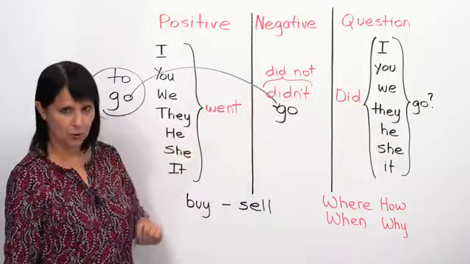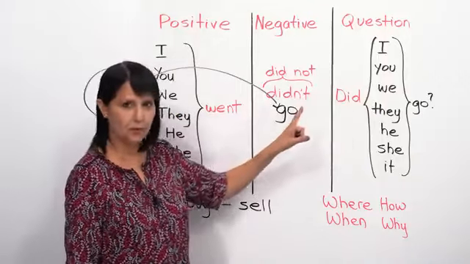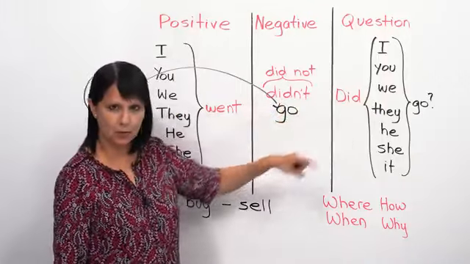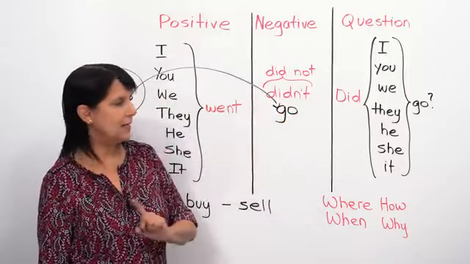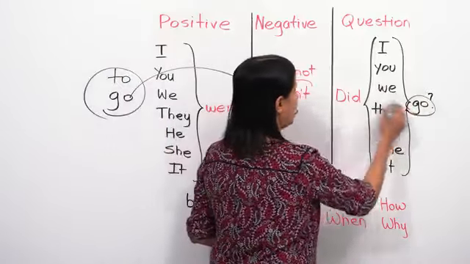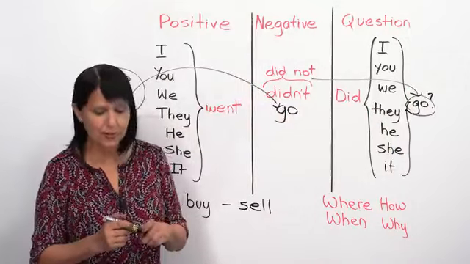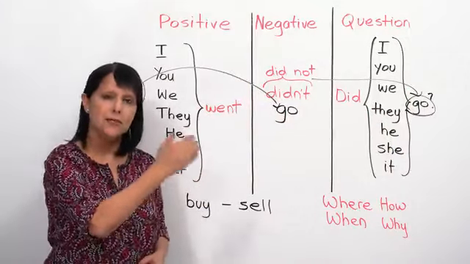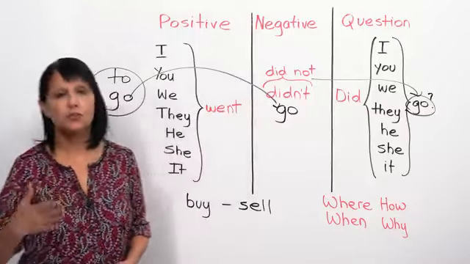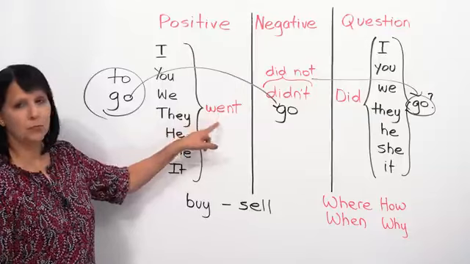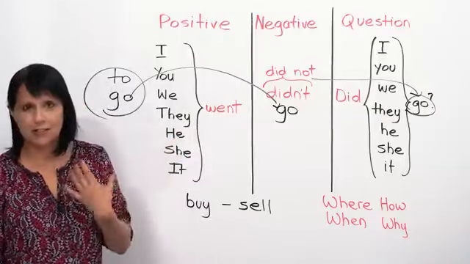So, I didn't go. Question. Again, we need that helping verb did in the negative and in the question. So the question becomes, did you go? Again, we're coming back to that base form of the verb. Okay? So that part is the same. The principle is the same. The way that we form those verbs is the same for regular and irregular. Just with irregular, you have to learn what is that past tense form for the verb.